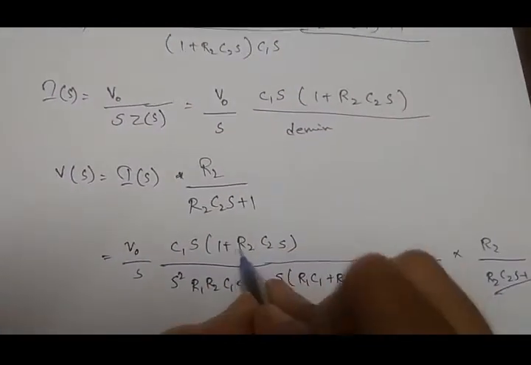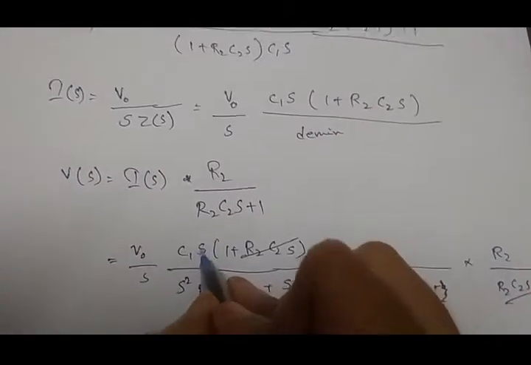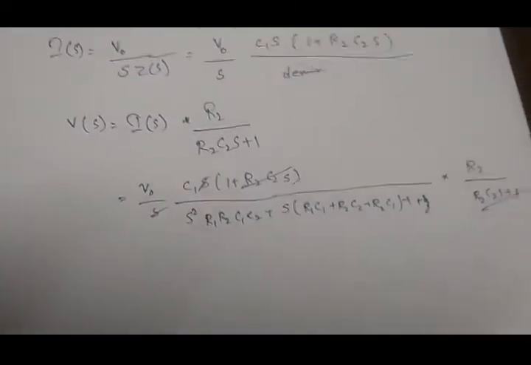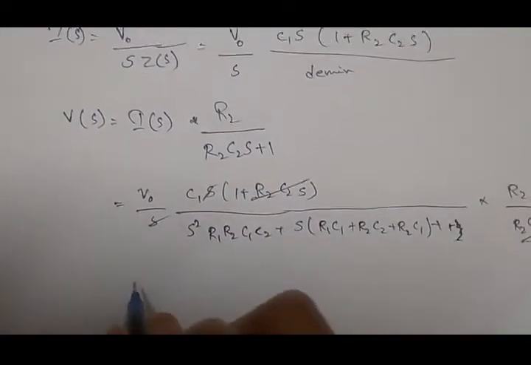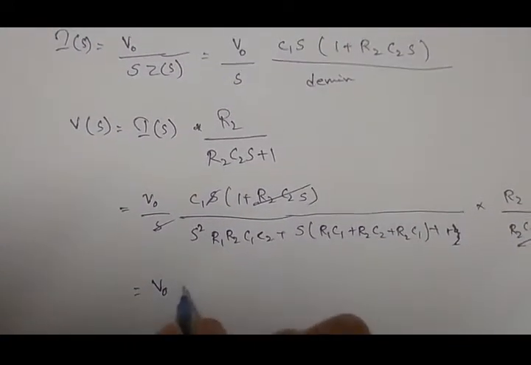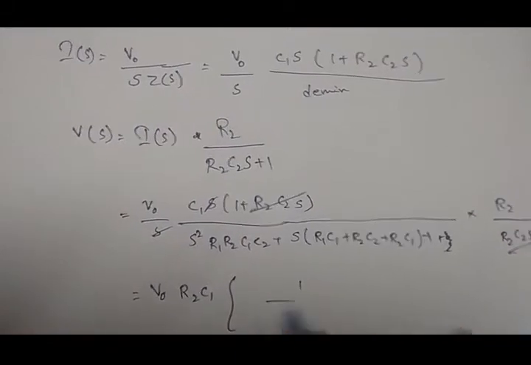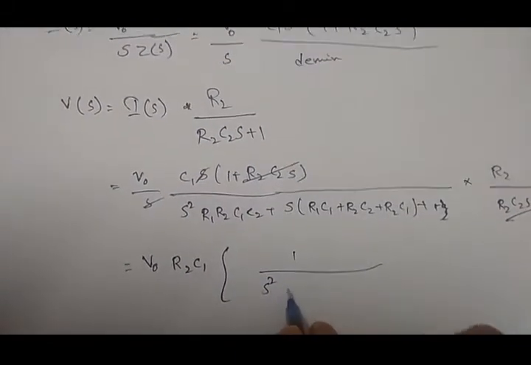Cancel over this, and the S term will be cancelled. So V naught R2 C1 multiplied by the entire quadratic equation.